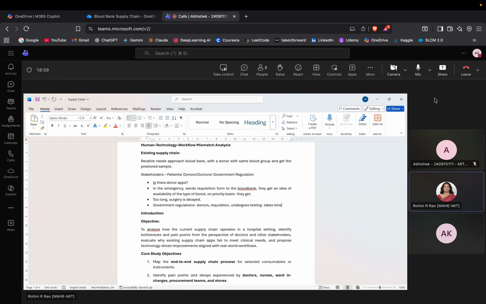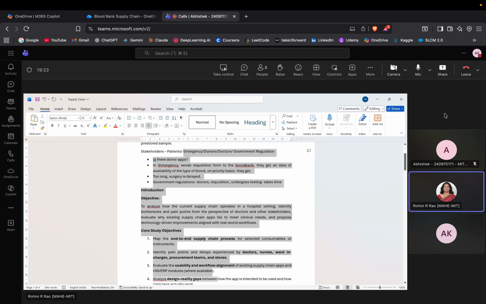So this emergency department itself is one stakeholder. We'll say emergency, then the doctors, and then the government regulation.